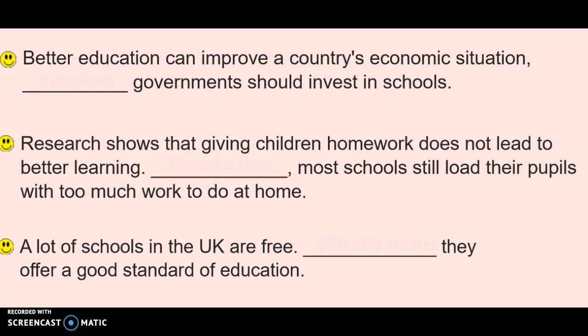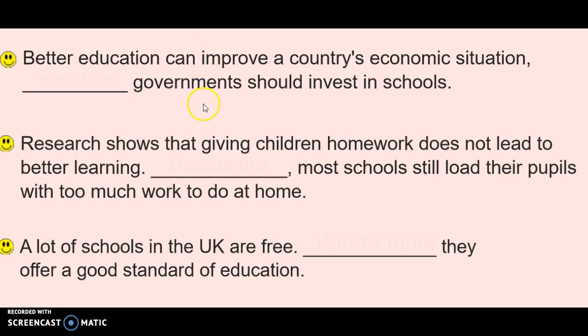Okay, so better education can improve a country's economic situation. Governments should invest in schools. So what are these two sentences doing here? Do you think it's a contrast? Do you think I'm talking about a consequence?